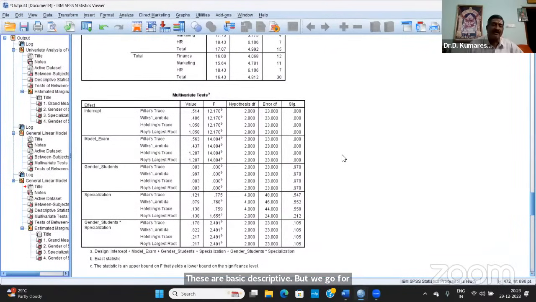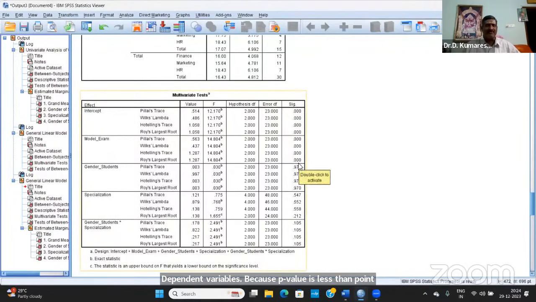Since it is multivariate analysis, we have these 4 tests: Pillai's trace, Wilks' lambda, Hotelling's trace, then Roy's largest root. Model exam. Look at this. In all the cases, the covariate variable has influenced the dependent variables because p-value is less than 0.05.